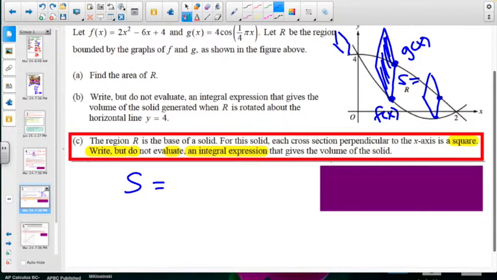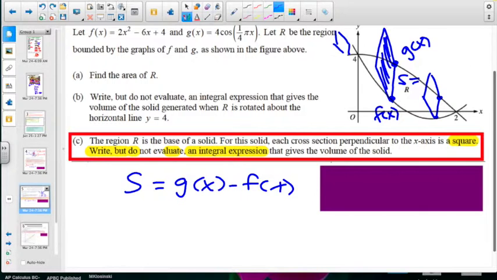So our side length then is what? If we have to subtract those 2 points, we have to do what? What function minus what function? Yes. g of x minus f of x. Exactly.